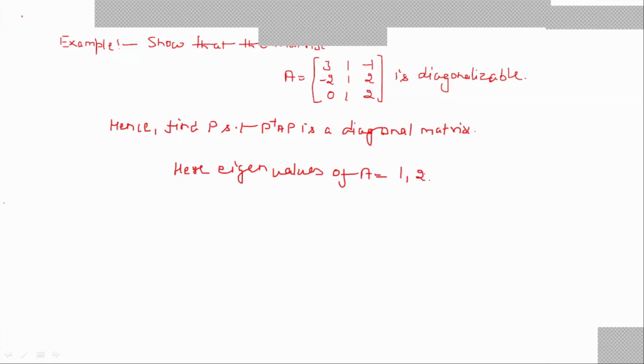So for 1, the corresponding eigenvector V1: what is the eigenvector? It is (1, -1, 1).